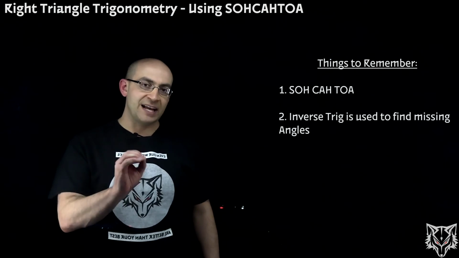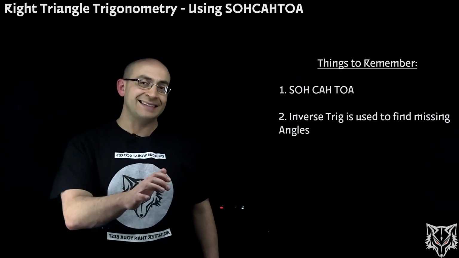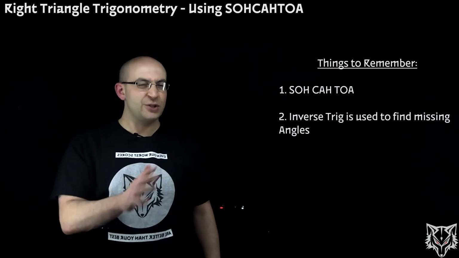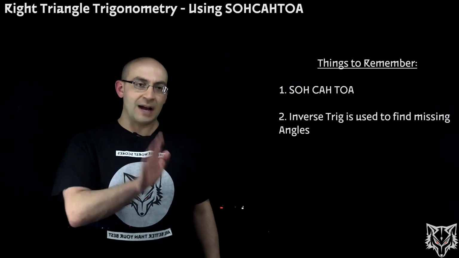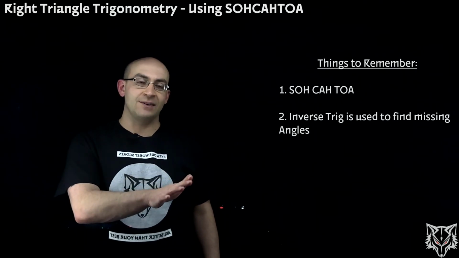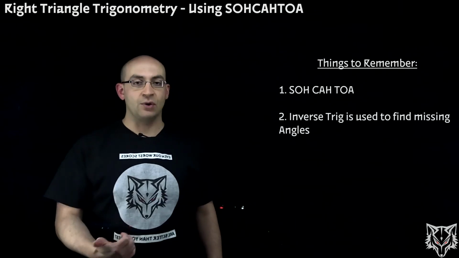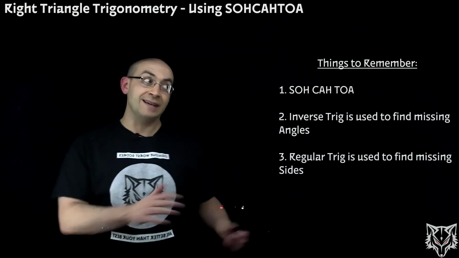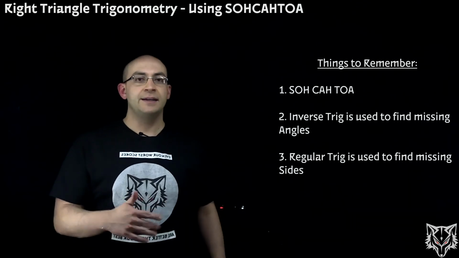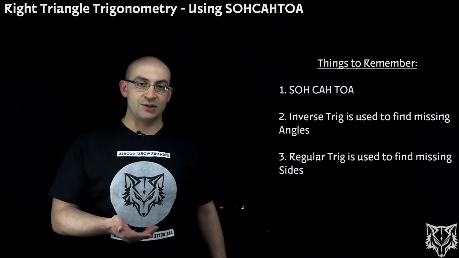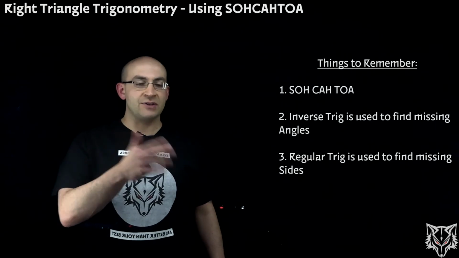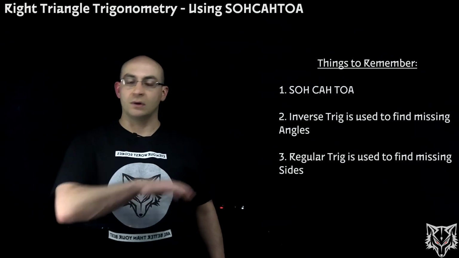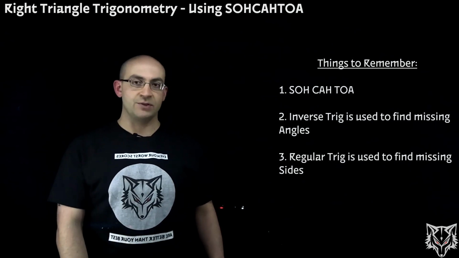So whenever we're looking for a theta measurement, or x, depending on what's written there, it's usually theta, but try to get in your head: if I'm looking for an angle, I need to use the second button on my calculator to solve for it. And number 3, regular trig, or non-inverse, or straight up trig, is going to be used to find missing side measurements. Okay? So inverse trig for angles, second button, or just straight up entering in your trig function for sides.